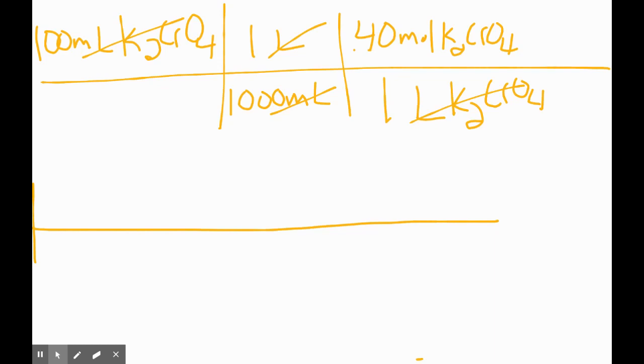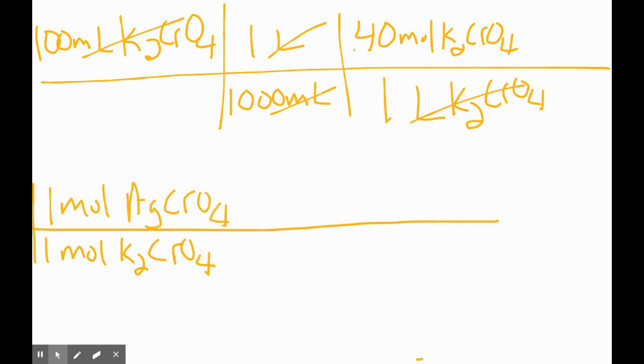And there is 1 mole of potassium chromate, that's from the reaction, for every 1 mole of silver chromate. Okay, so now moles of potassium chromate cancel out, and we use the molar mass of the silver chromate.